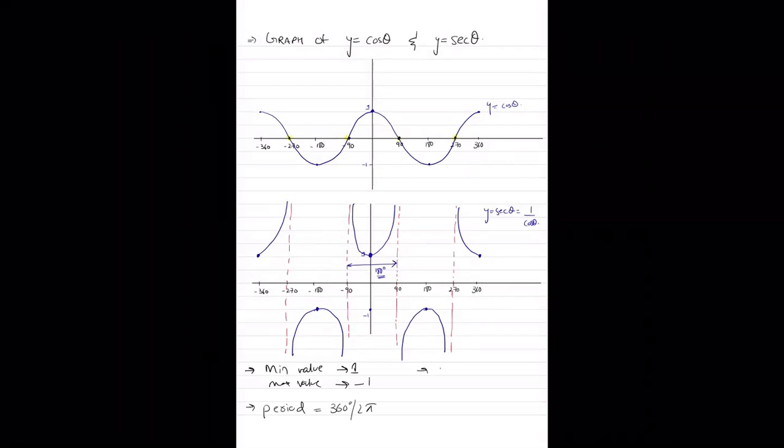Basically, you can write that asymptotes are odd integer multiples of pi by 2 radians. Odd integer multiples of pi by 2 radians are vertical asymptotes. Okay, you can note this down.